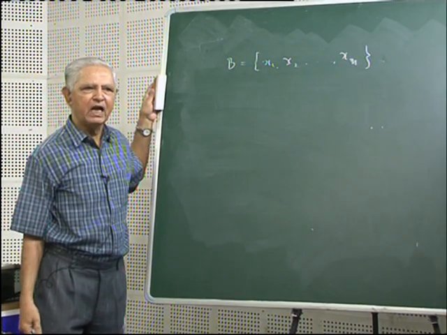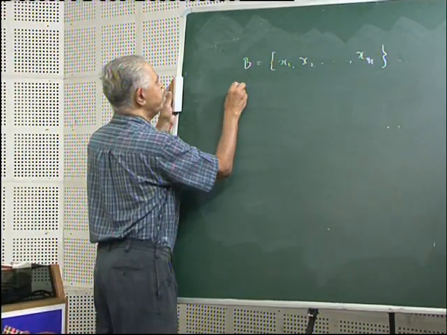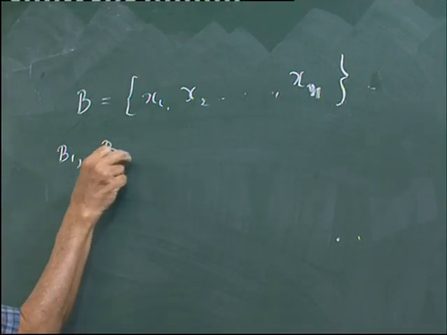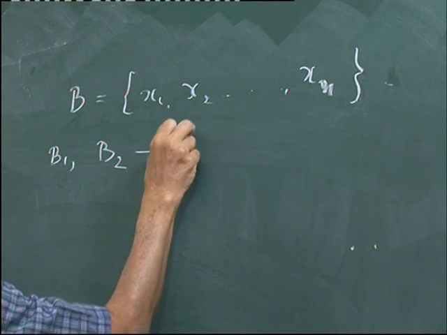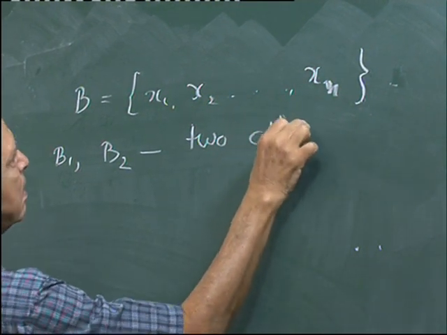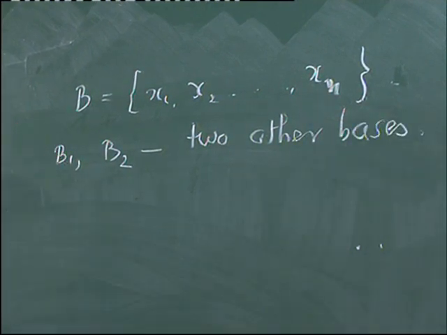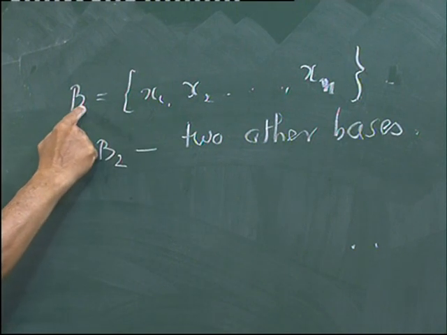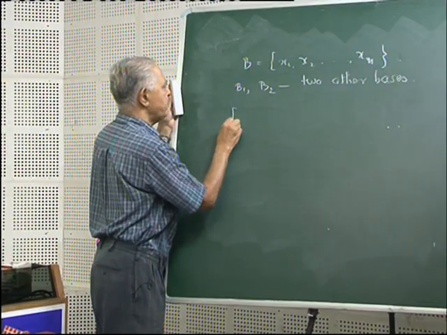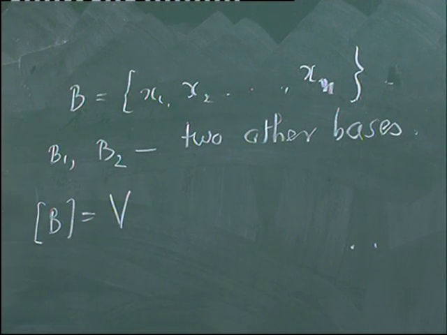Since V is a finite dimensional vector space, it has a basis B. And suppose B1 and B2 are two other bases. Now, this is a basis, so the subspace spanned by B equals the whole vector space V.